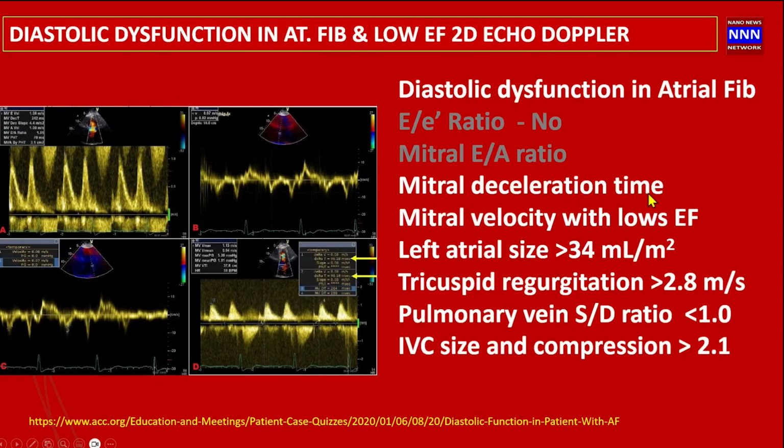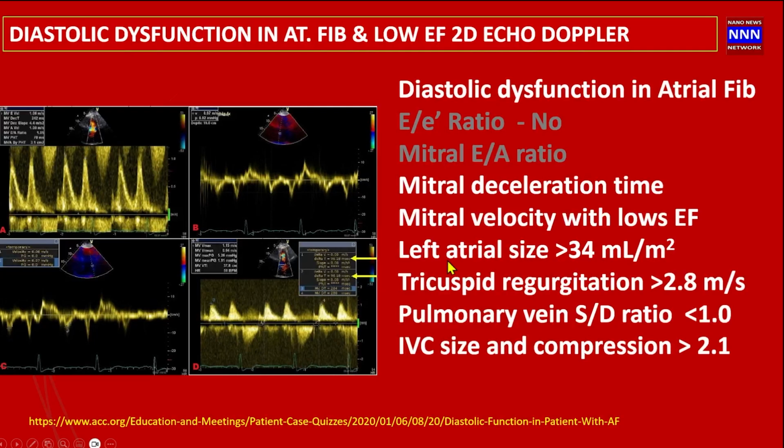We talk about mitral velocity, left atrial size, tricuspid regurgitation of 2.8 meters, covered in that chapter, and pulmonary vein systolic diastolic reversal ratio. Again, if the IVC is greater than 2.1 cm and less than 50% compressible, that's another indication of elevated right heart pressure, which may be an indirect evidence of elevated left atrial pressure.